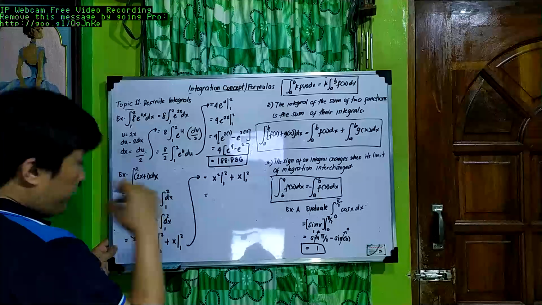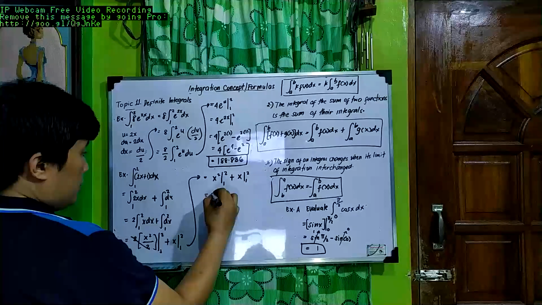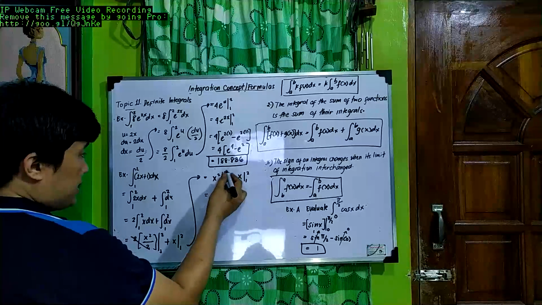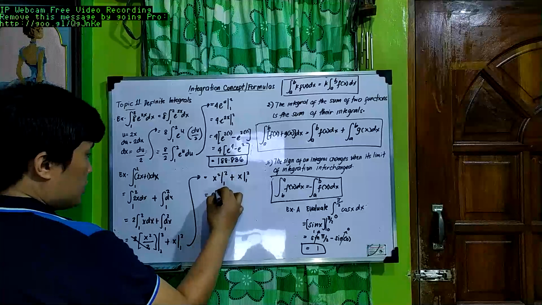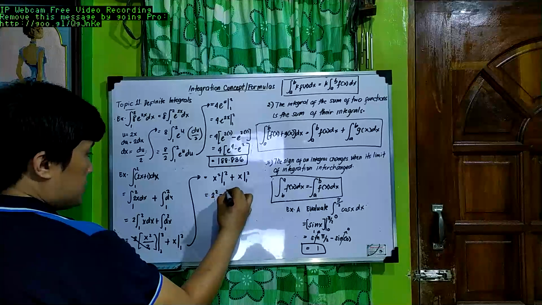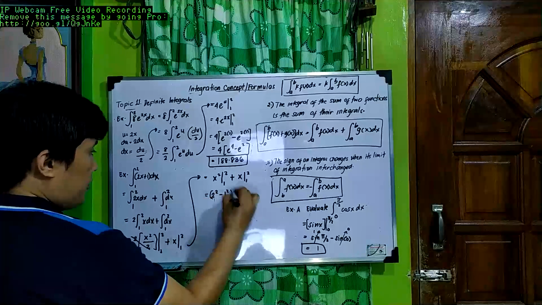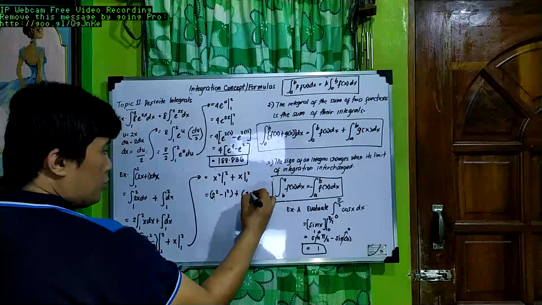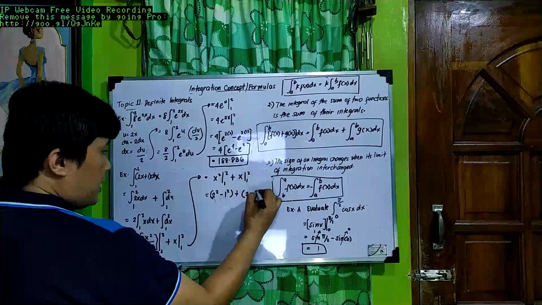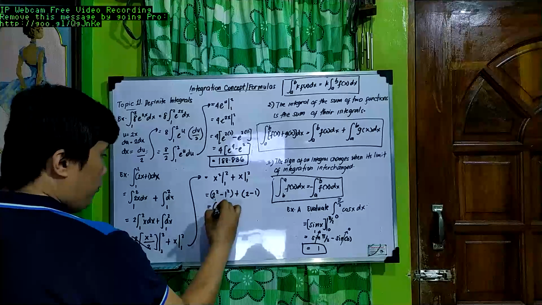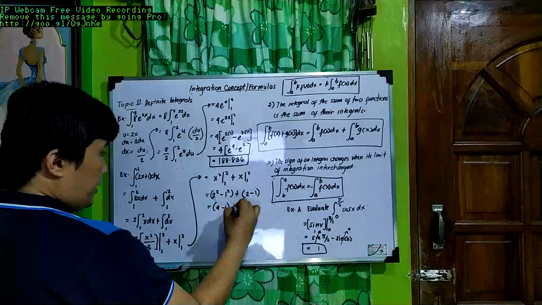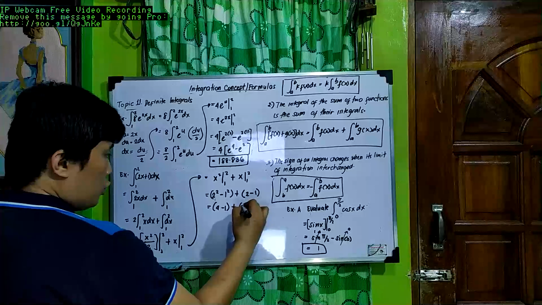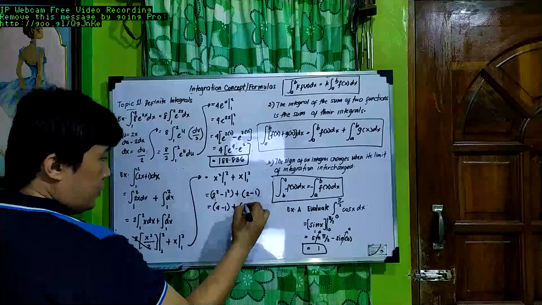So we have here, substitute first the upper limit. We have 2 squared minus 1 squared for the first function. Next, for the other one, you have 2 for the upper limit minus 1. So therefore, you have 4 minus 1 plus 2 minus 1, which is 1.